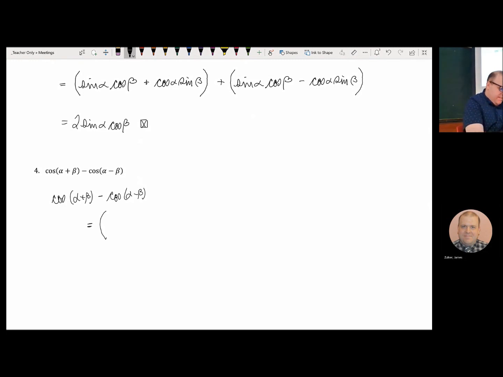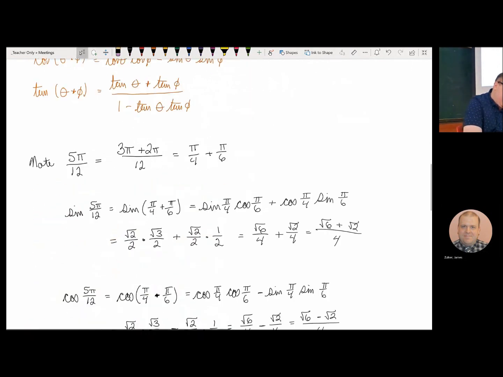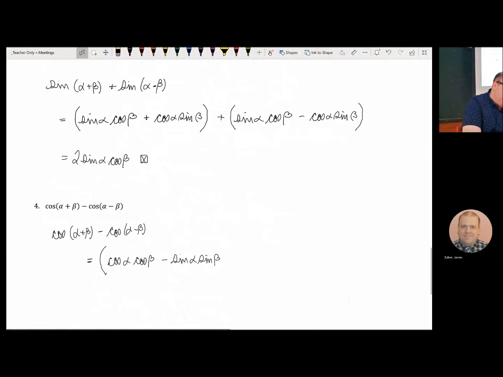Cosine cosine plus sine sine. Oh, a minus, whoops. Wait, the addition identity for cosine, did I write it wrong? Isn't it cosine alpha cosine beta minus sine alpha sine beta? Oh, it's minus, whoops, okay. Cosine's the opposite.